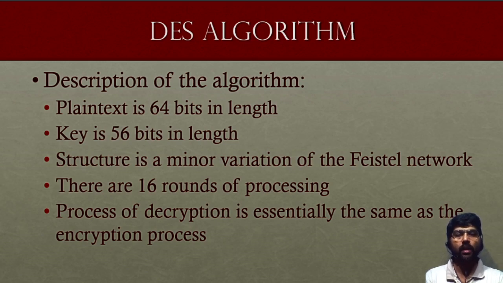That means the K16 key is used in the first iteration, K15 is used in the second iteration, and like that, K1 is used in the last iteration, the 16th iteration.